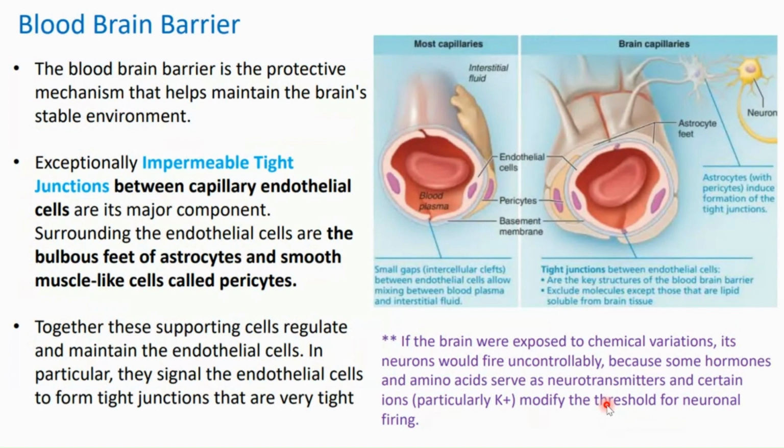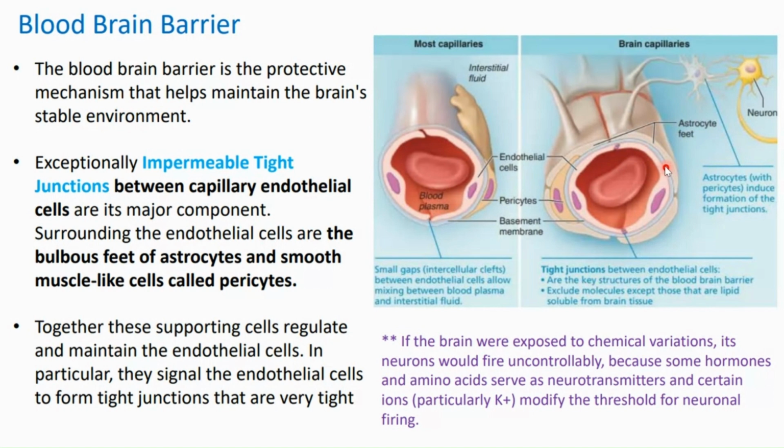Now, moving to a very important topic, which is the blood-brain barrier. The blood-brain barrier is a protective mechanism that helps maintain the brain's stable environment. Now, what are the blood-brain barrier components? First of all, we have here a capillary. This capillary has endothelial cells, and these endothelial cells are held by tight junctions.